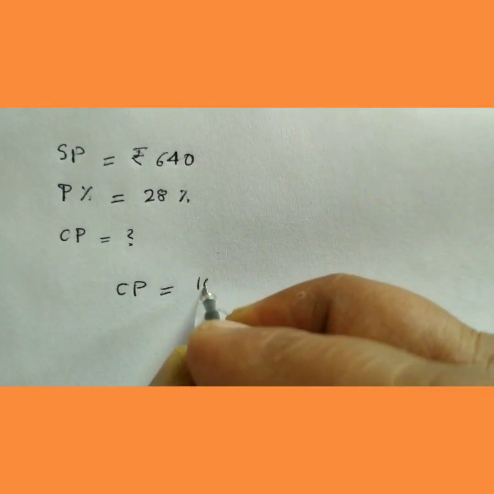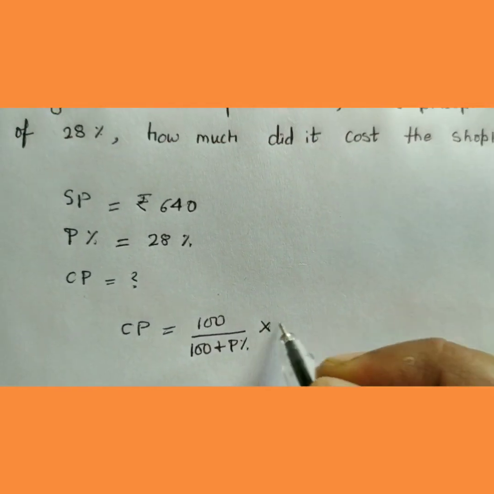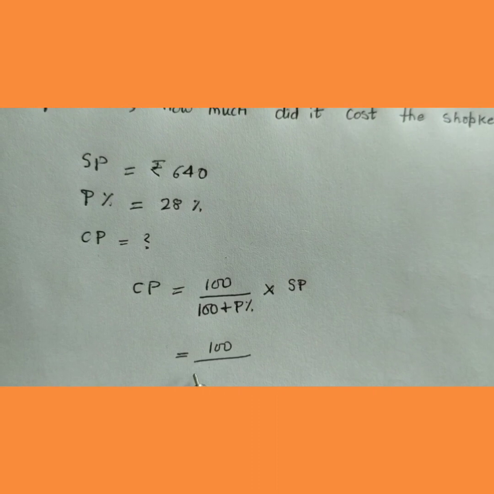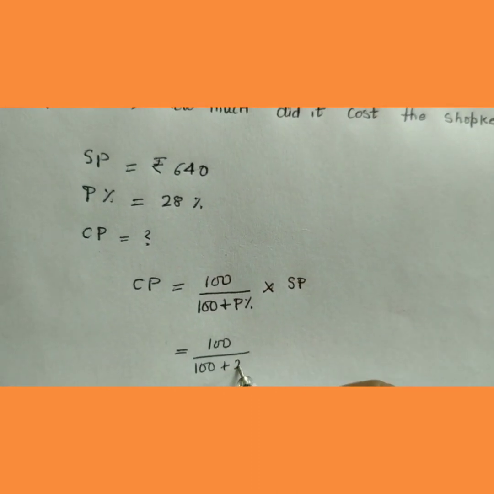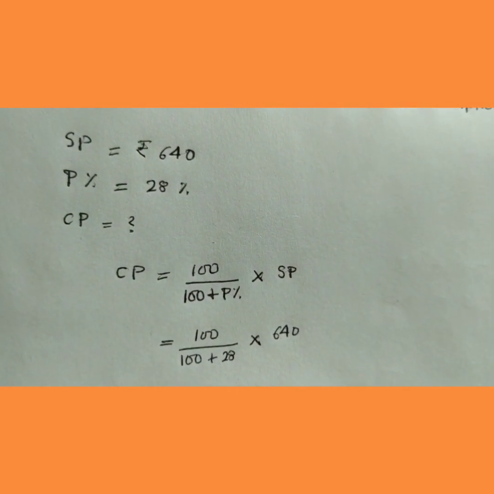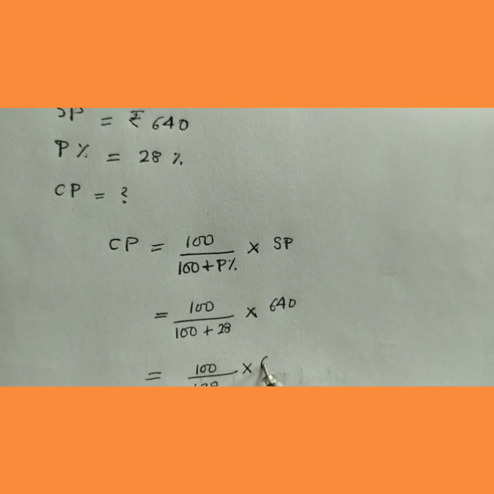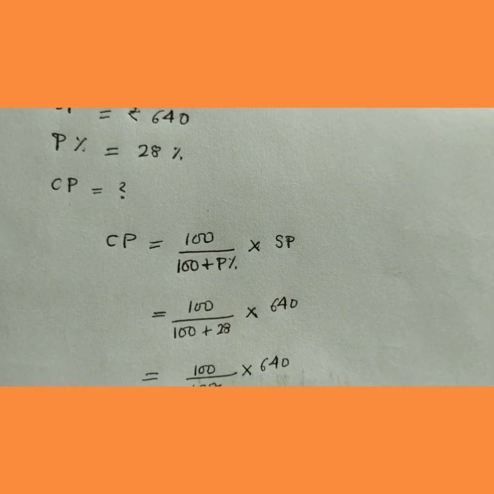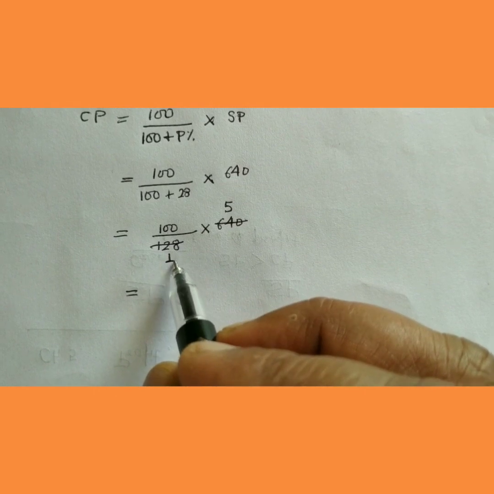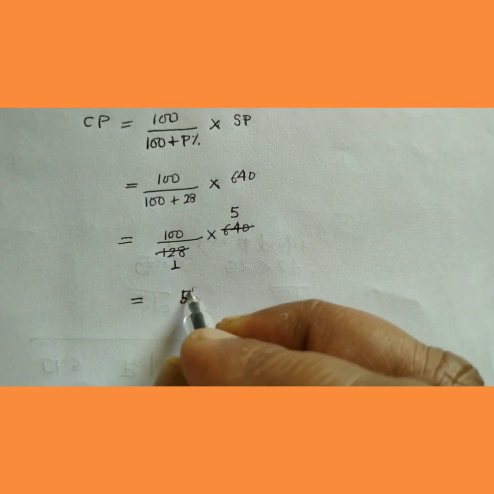Cost price is 100 divided by 100 plus profit percent into SP. 100 divided by 100 plus profit percent is 28 into selling price is 640. 100 divided by 128 into 640. 128 into 5 is 640 and 100 into 5 is 500.